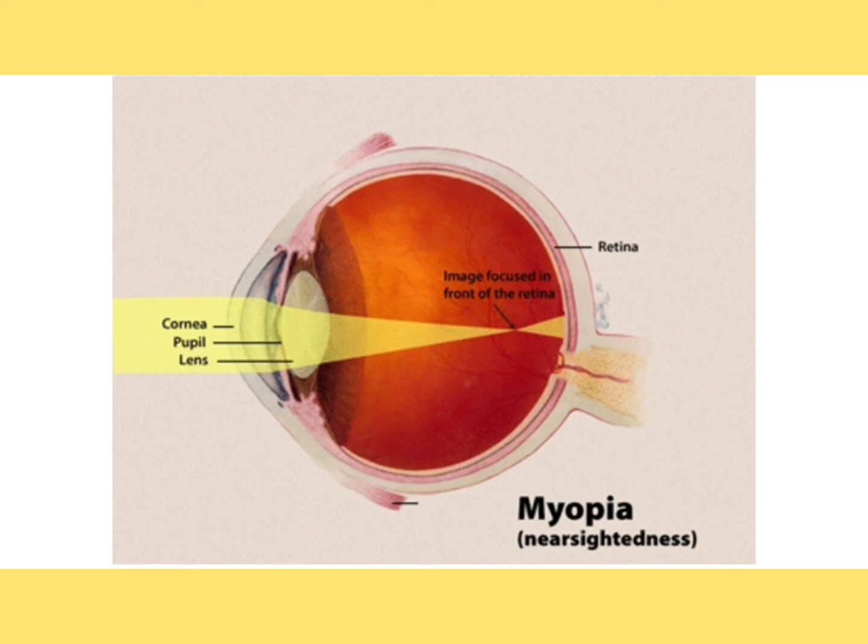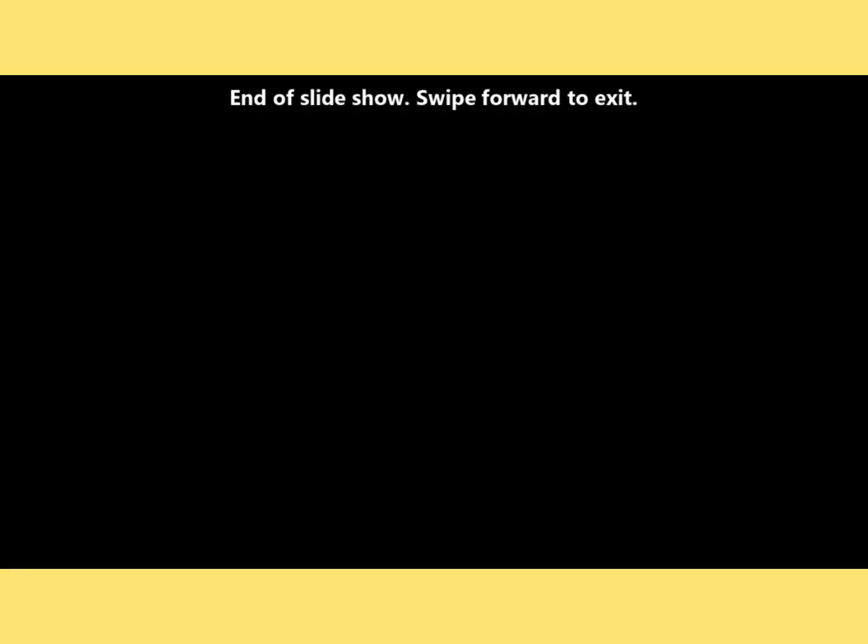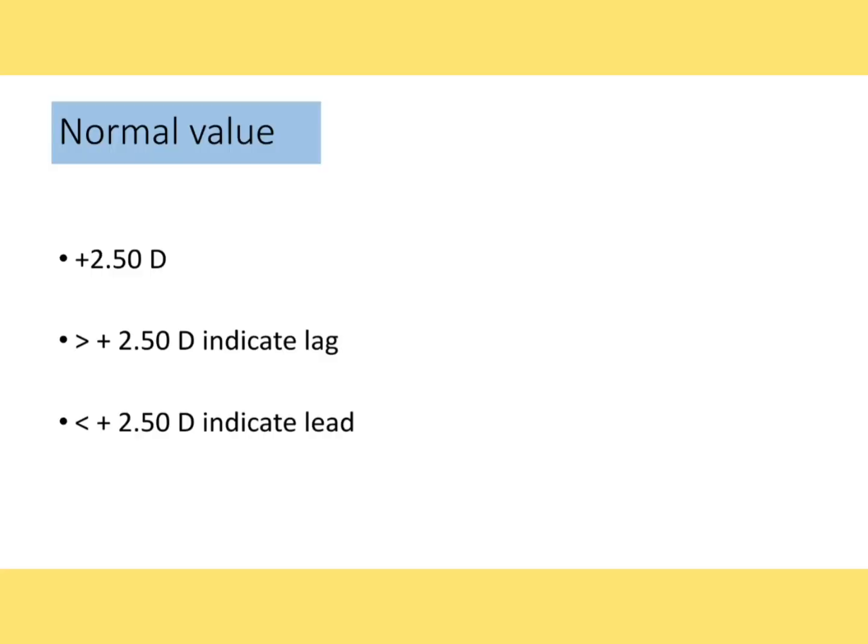What is the meaning of first sustained blur? The near target is appearing blurry, and even by relaxing the accommodation the patient is not able to clear the near target. That is known as first sustained blur, and the normal value in this test is plus 2.50 diopters.